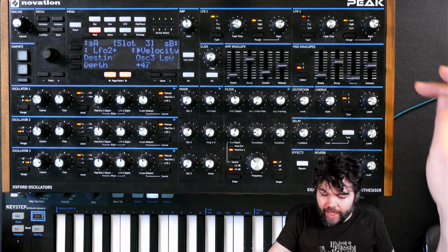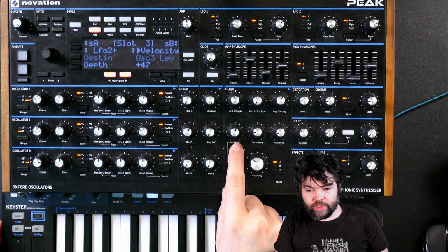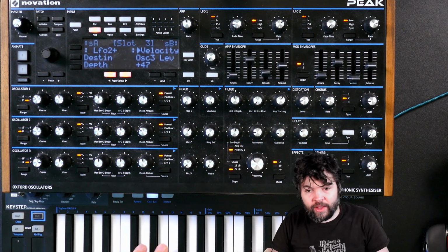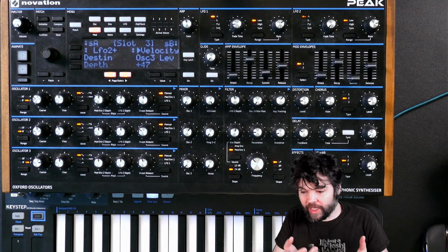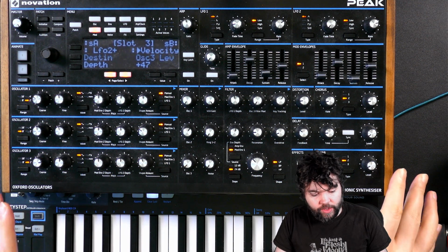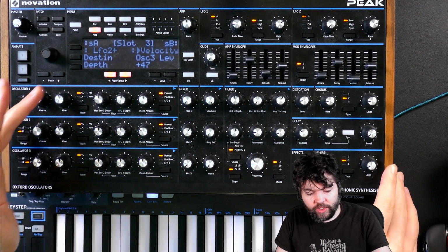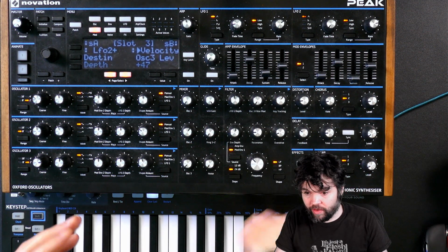You may wonder why I didn't use mod envelope 1. That's because I'm intending to use it for the filter. At the moment, note that this sound, you could almost believe there's a filter in play here, but this is not utilizing the filter. So consider that I could use different envelope shapes, consider that I have access to more envelopes.